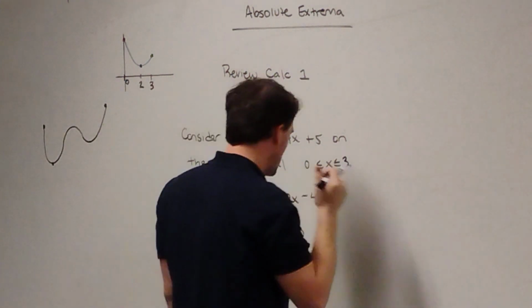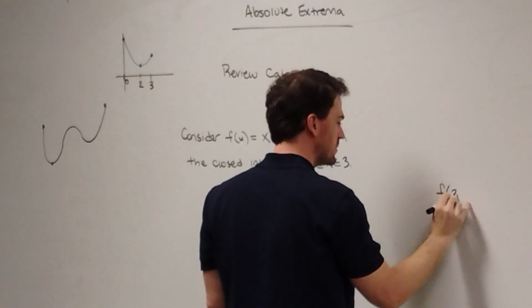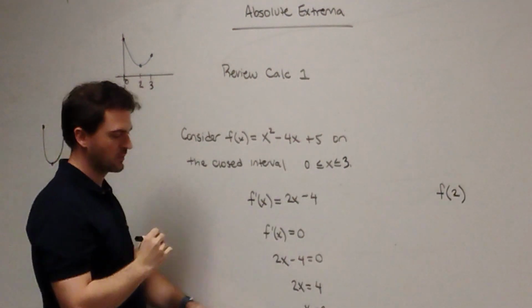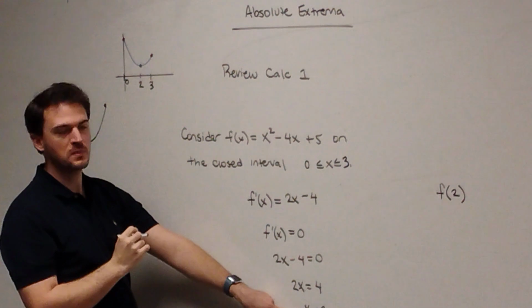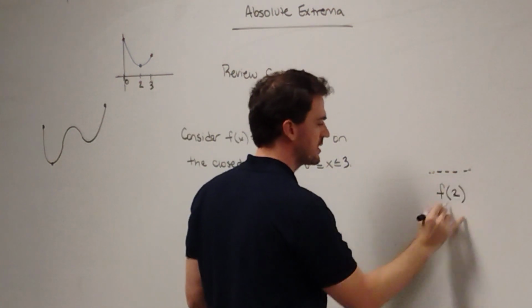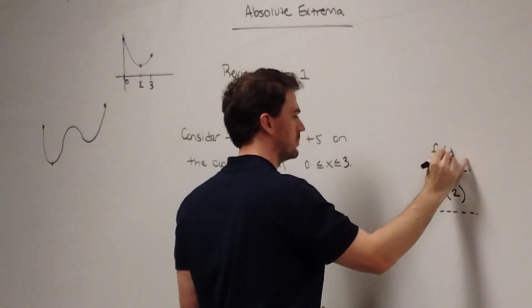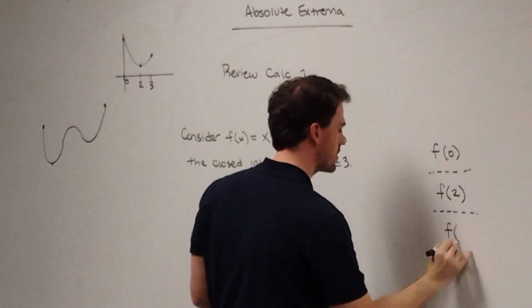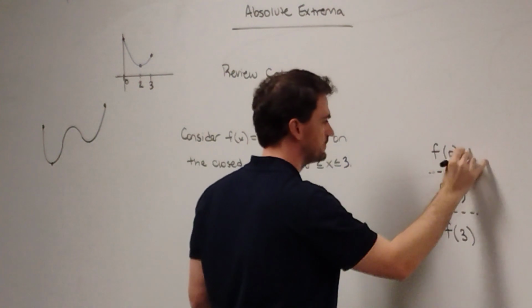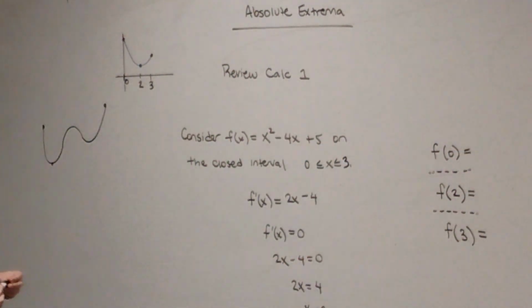So what we're going to do is just check the y values. f of 2 means the y value at 2. And then I'm going to check the boundaries, which was f of 0 and f of 3. Then we can just take 2 seconds, whip out our calculator.